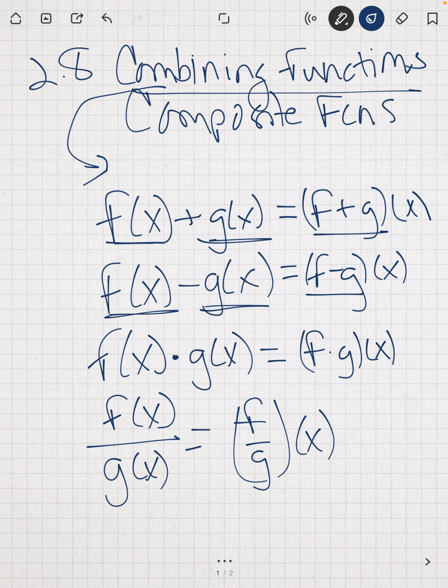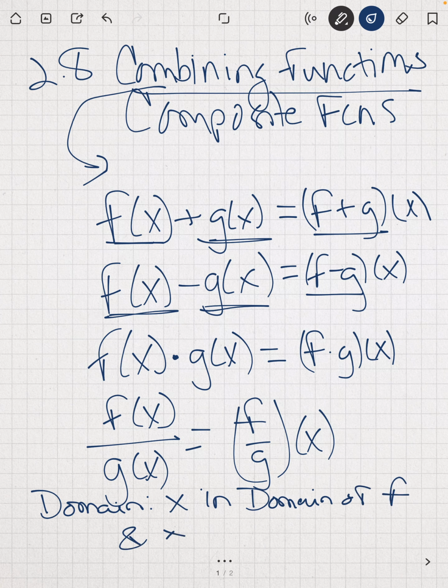And it's important to note that the domain of any of these functions is x in the domain of f and x in the domain of g, both. So it has to be in both.